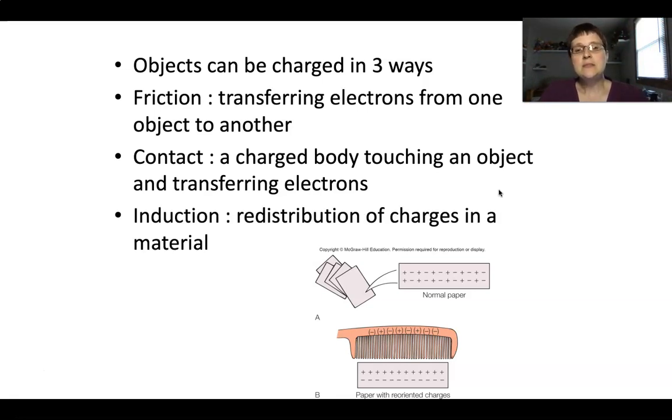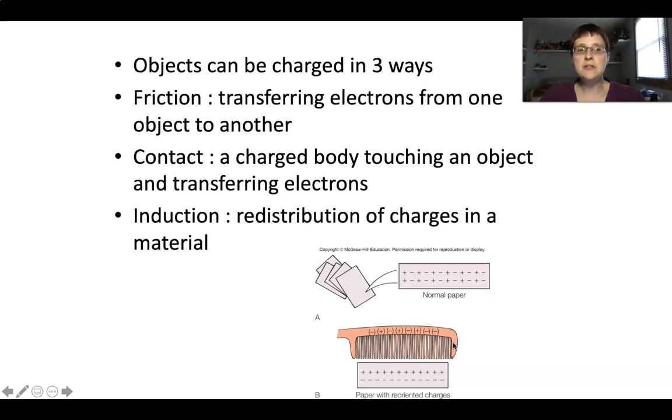Induction is the redistribution of charges in a material. This one's really interesting because this happens without the charged object touching the other one. So I've got a picture down here, a piece of paper. The charges are equally distributed, so you can see there are equal numbers of positive and negative charges.